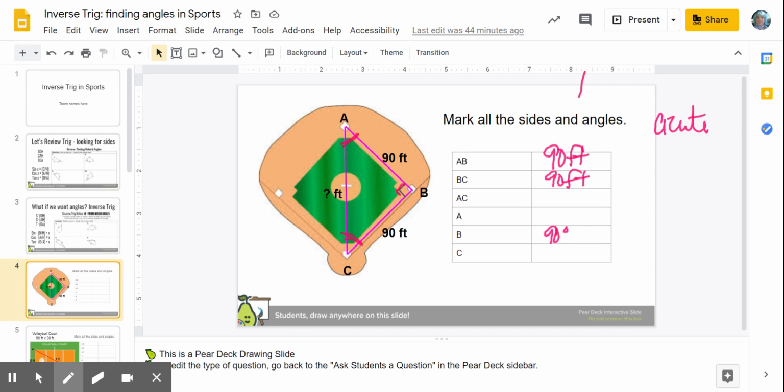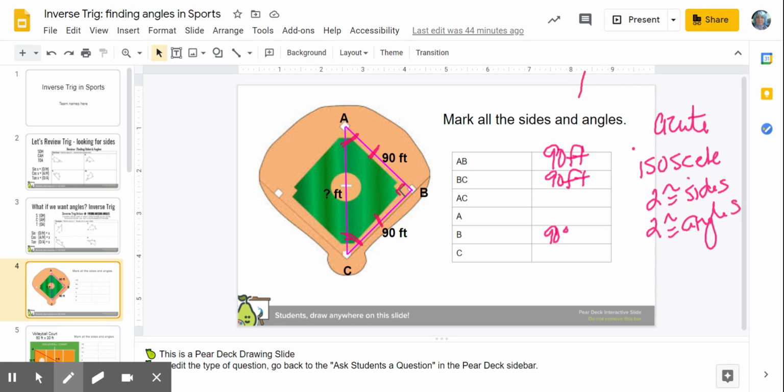They are going to be equivalent. So what kind of triangle is this pink triangle with 2 sides of 90 feet? It is isosceles. So if it's an isosceles triangle, it has 2 congruent sides and it has 2 congruent angles.